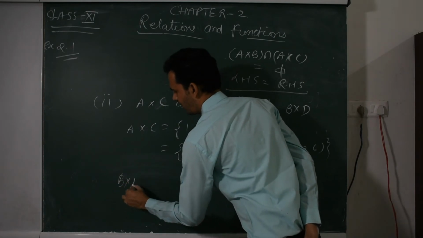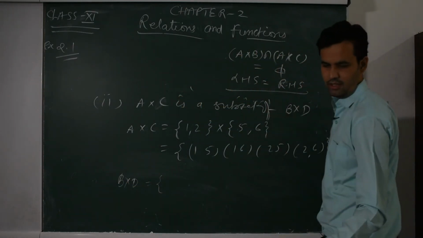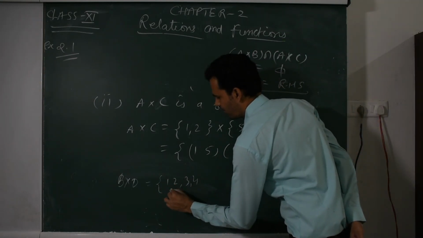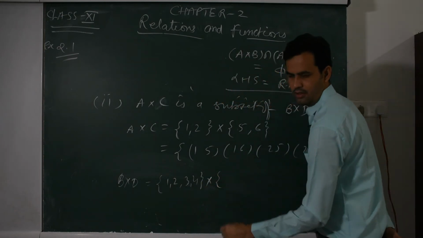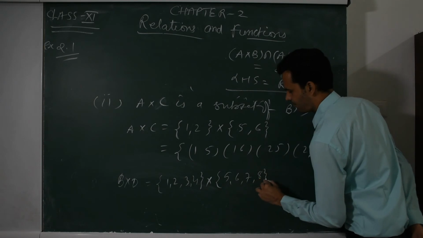Similarly, we have to find B cross D. Elements of B are 1, 2, 3, 4 and elements of set D are 5, 6, 7, 8.